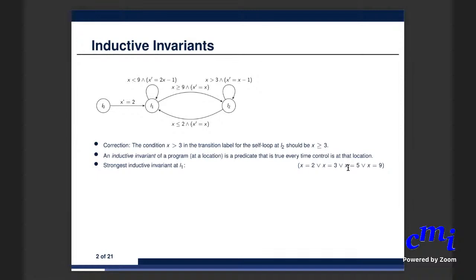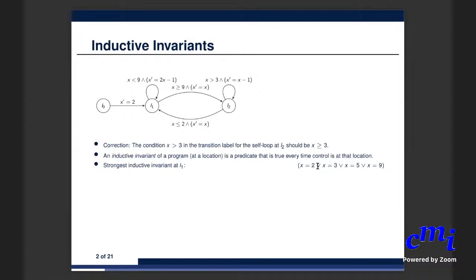After the second iteration, x will be 5. For the third iteration, x will become 9. So it includes all these values, after which you get out. The possible values generated by the self loop are 3, 5, and 9, so that is added to that set of values.